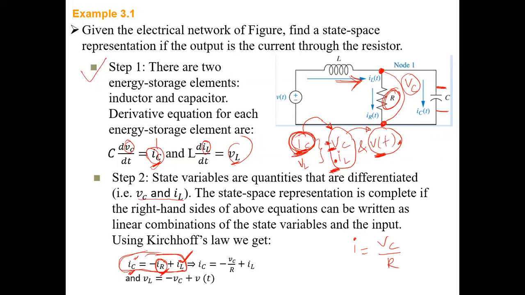That's what I did here. See, I changed my IR to VC over R. It means my IC is in terms of VC and IL. But I couldn't find it in terms of VT. That's okay, you cannot do that all the time.